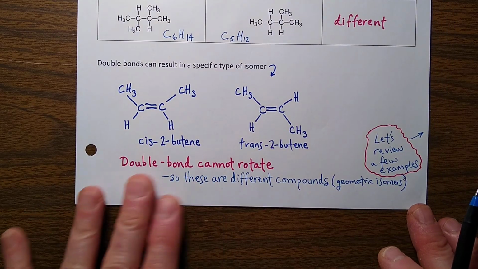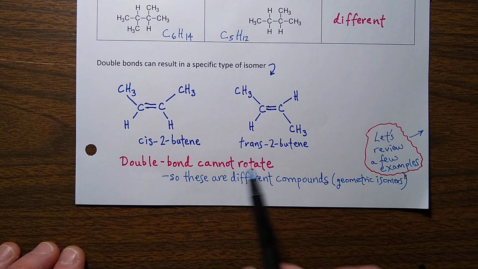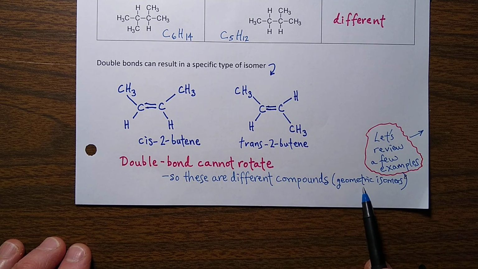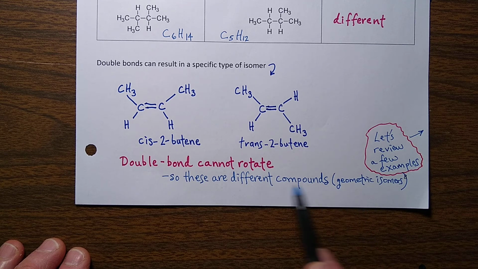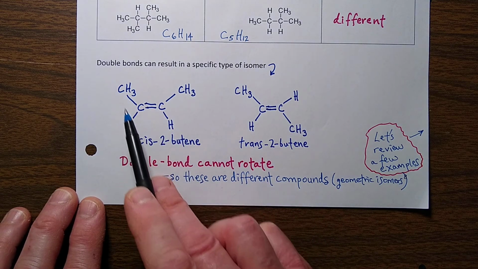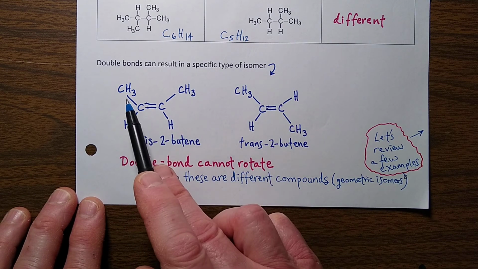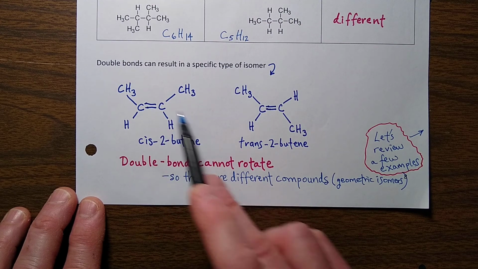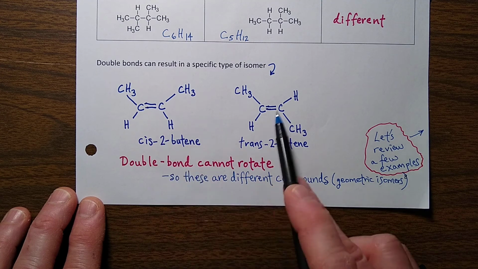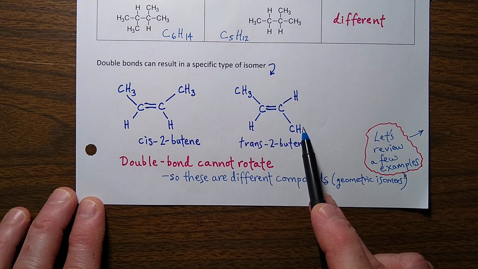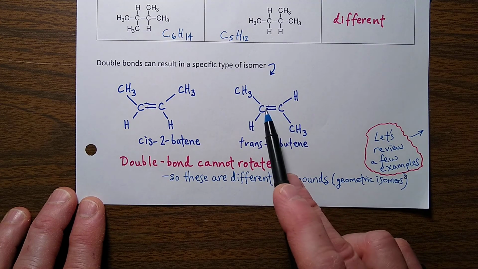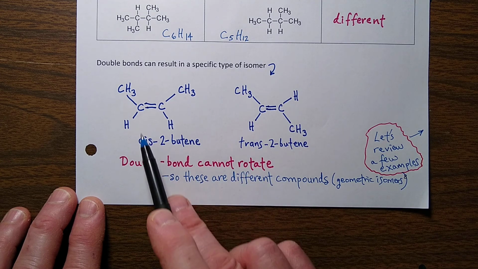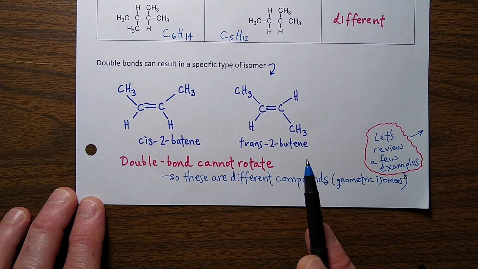Well, if you have an alkene, you have a special type of isomer. It's called geometric because it has to do with how they're arranged and how they look in 3 dimensions. So look at this one versus this one. This is a 4-carbon straight chain alkene, contains a double bond, but this one is also the same thing. It's a 4-carbon straight chain hydrocarbon that contains a double bond. You might think they're the same thing, but they're not.